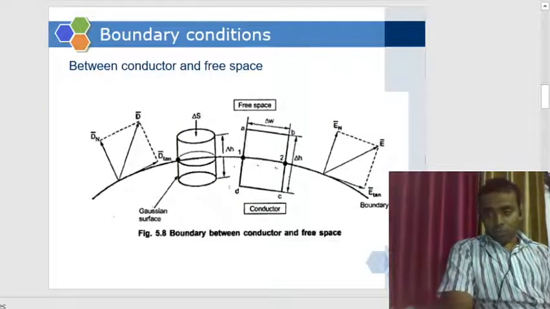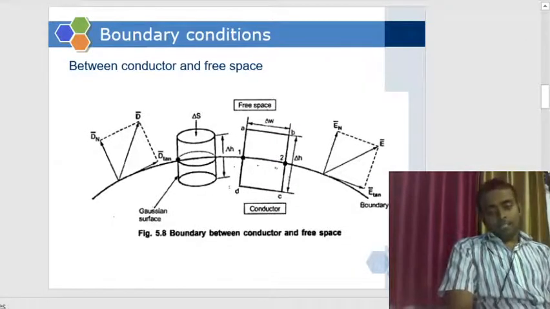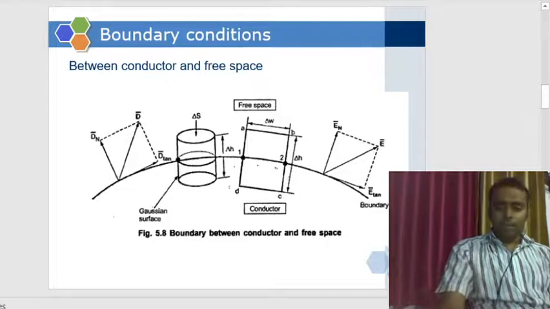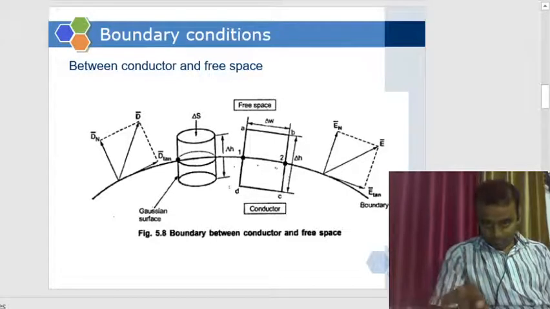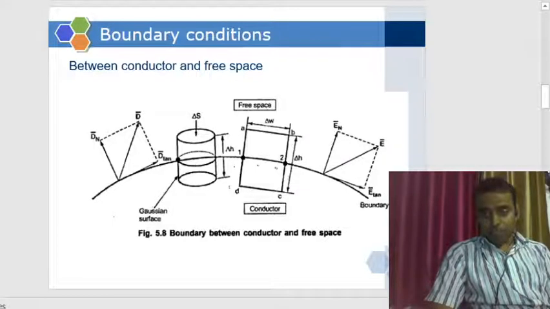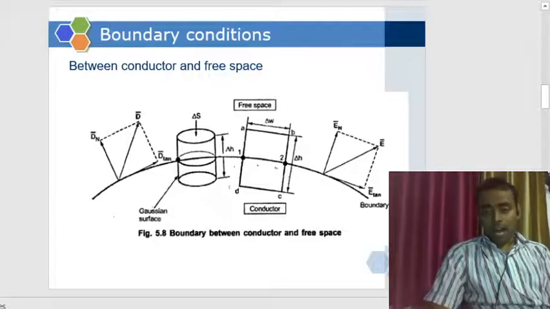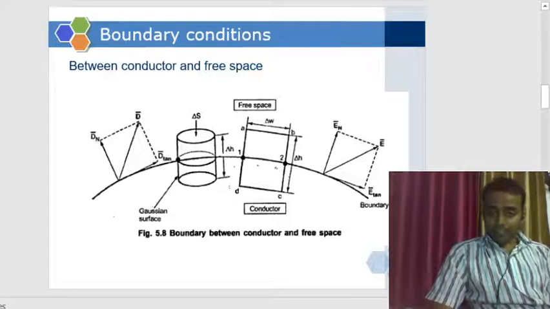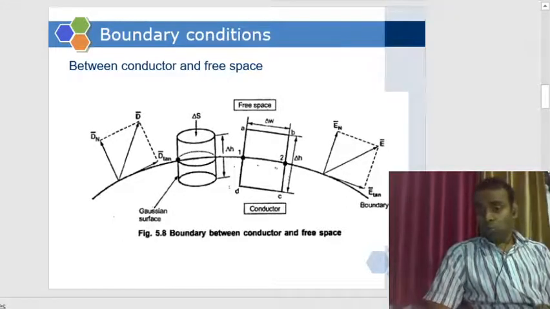Okay, so first we'll determine E. One by one we'll be determining E. So what we'll do, we'll take this rectangle ABCD, which is having a width del W and height del H. We'll divide B to C into two parts, B to 2 and 2 to C. Why?